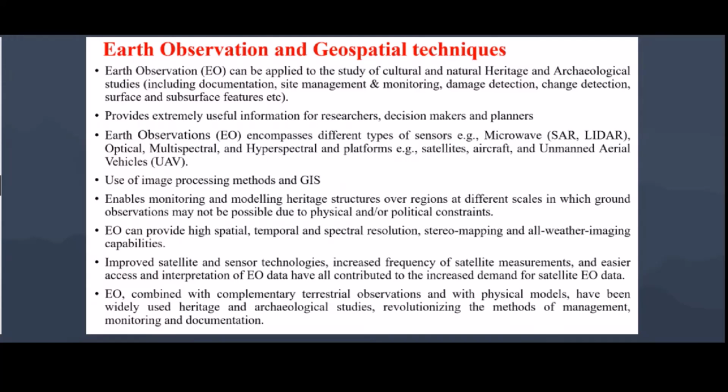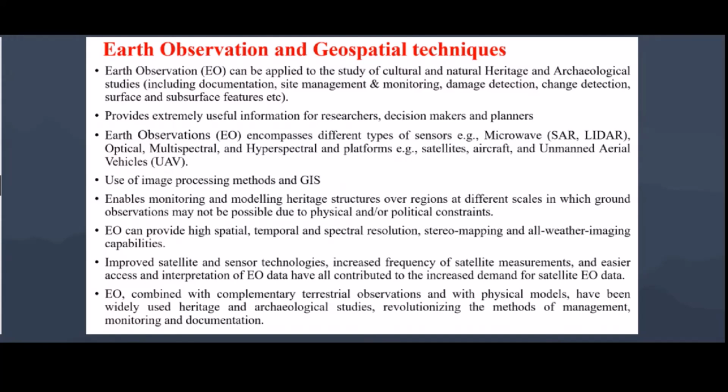So cloud, smoke, fog, etc., will not matter so much. And these give us an all-round ability to club and complement information from all of these sources together and come up with a very comprehensive and detailed methodology to map and monitor these heritage sites.